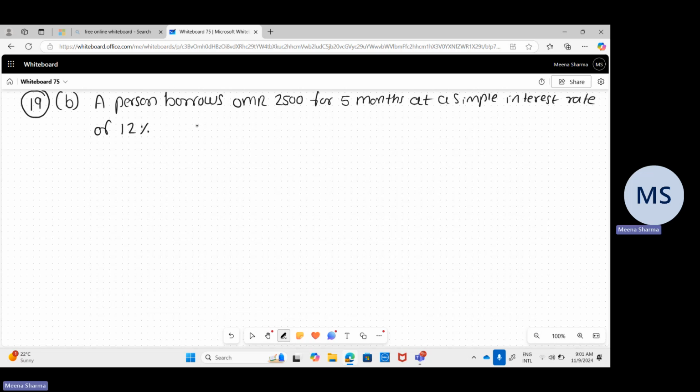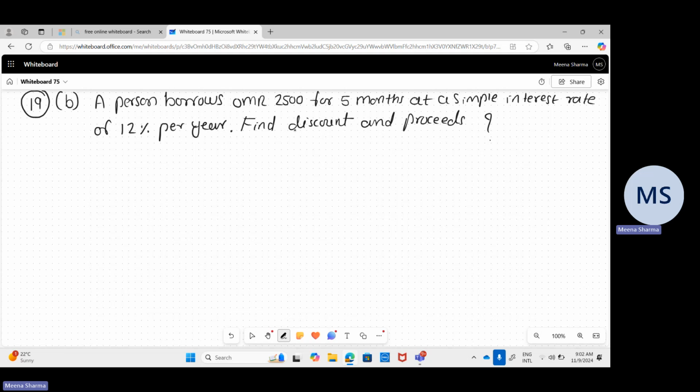What is a simple interest rate? It is 12% per year, every year. You have to find the discount and proceed. This is the question. A person borrowed 2,500 real for 5 months at a simple interest rate of 12% per year. You have to find discount and proceed.